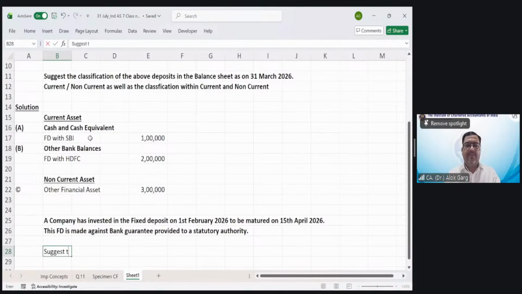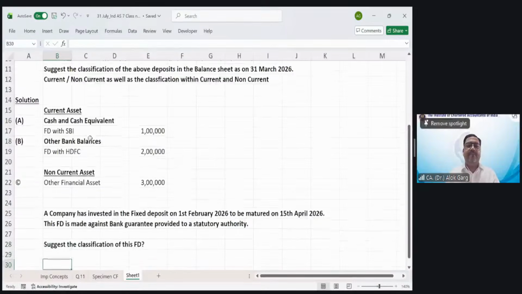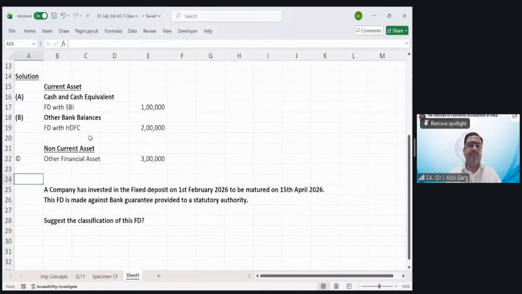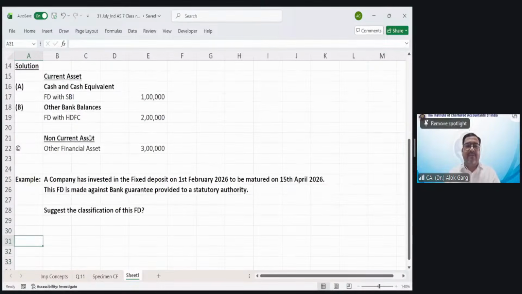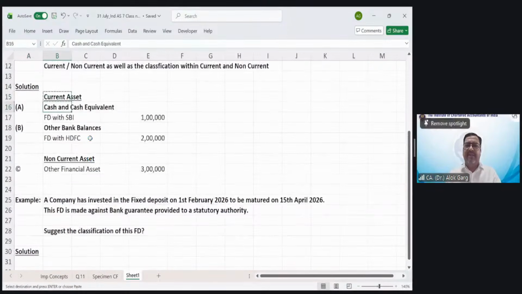Suggest the classification of this FD. Tell me the classification of this FD, current or non-current? It has to be current. Of course, it is going to be redeemable within 12 months from the end of the reporting date. It has to be current.